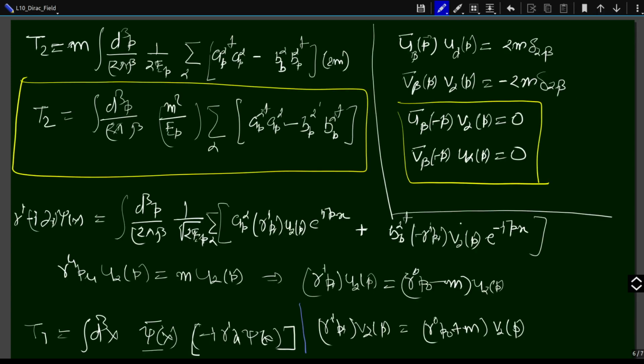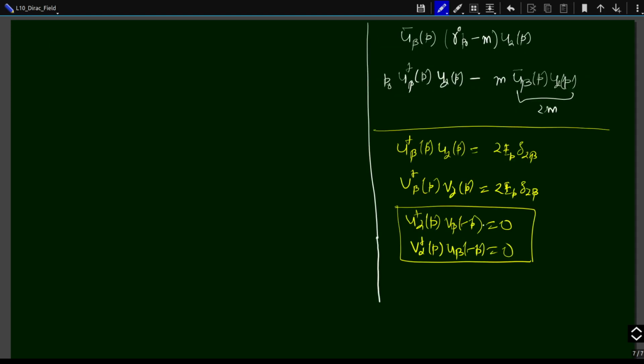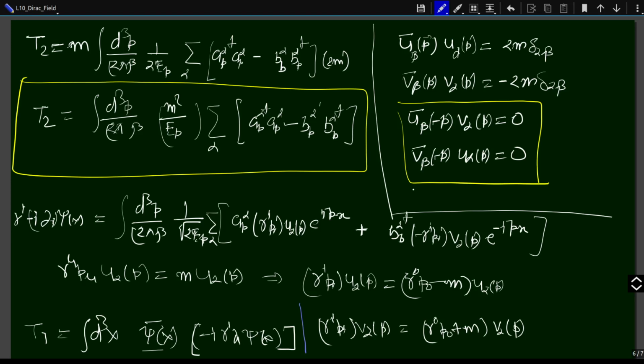And here again, because of this mixed condition being 0, the only non-zero components are u with u and v with v. And of course, to arrive at that quantity, we have done this three-dimensional integration of x, where p and q are there, and then the integration of q is done.